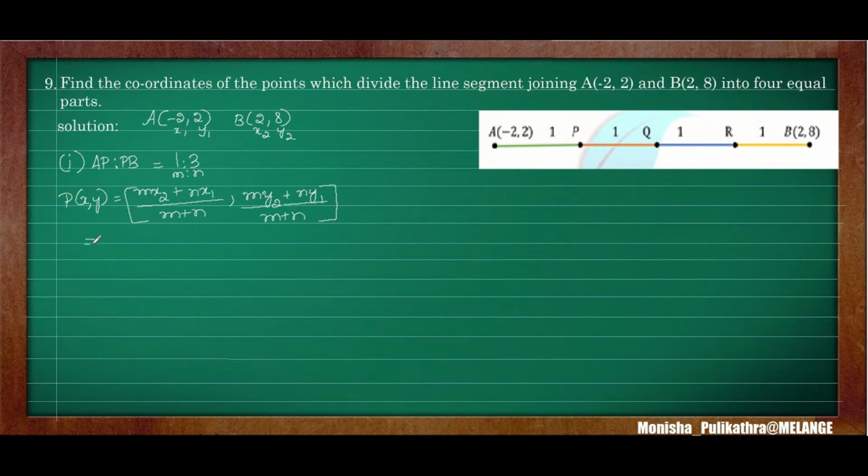So here m is 1 into x2 is 2 plus n 3, x1 is minus 2, divided by m plus n is 1 plus 3, into m is 1, y2 is 8 plus n is 3 and y1 is 2, divided by m plus n is 1 plus 3.